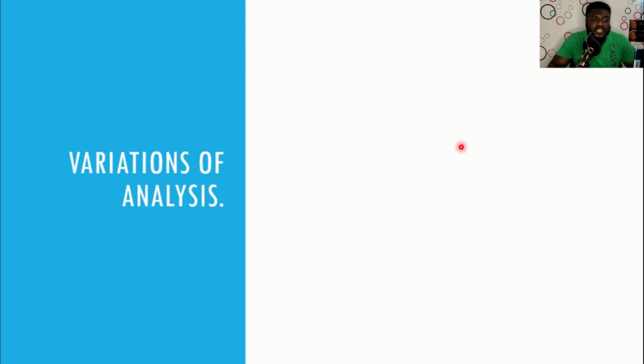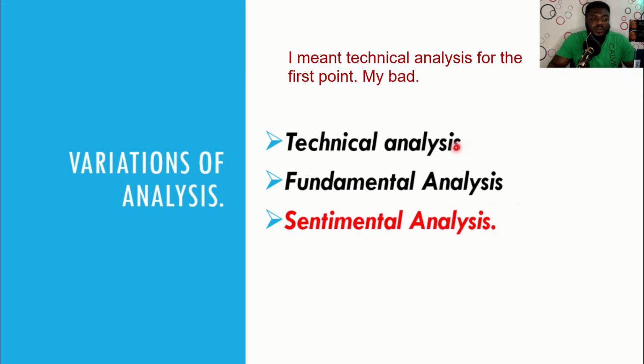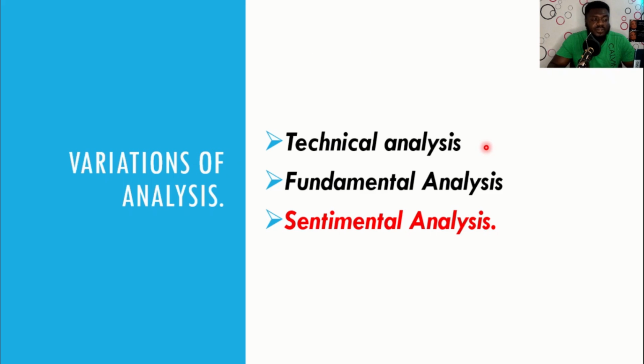With the variation of analysis, generally we have technical analysis, fundamental analysis, and sentimental analysis, which will be our focus for today. We know that technical analysis goes in depth into price action and indicator based strategies. Fundamental analysis also deals with the nitty gritties of economics and how they affect the countries, the GDPs, and all those stuff.